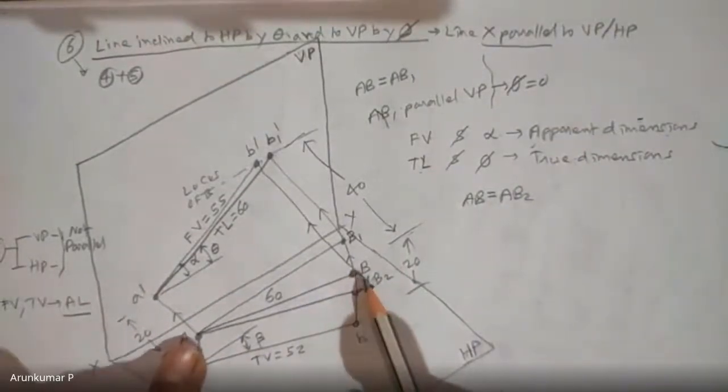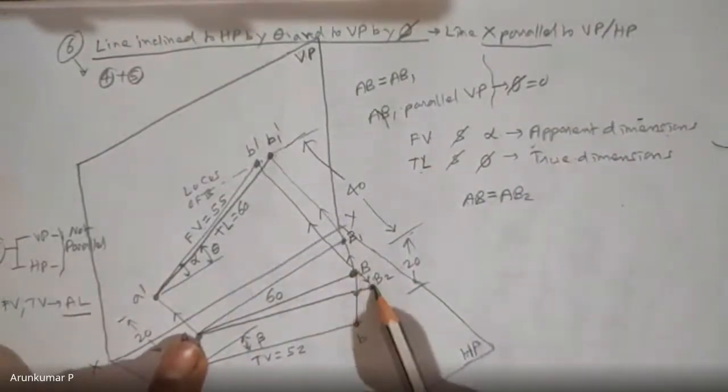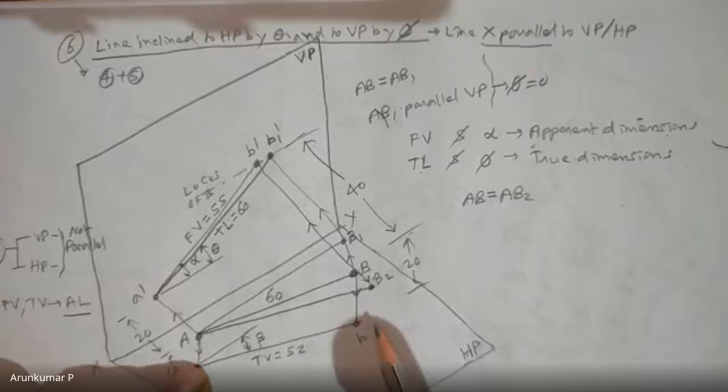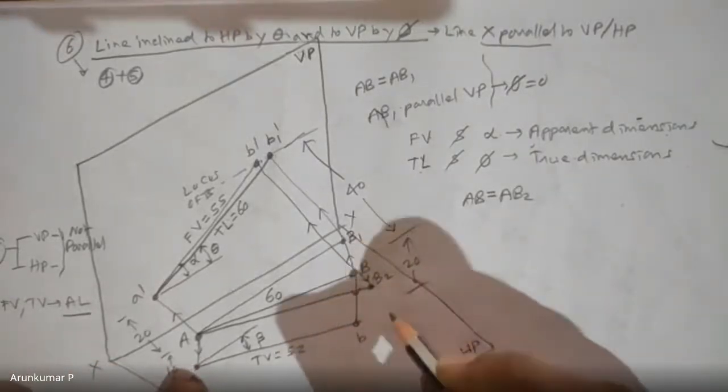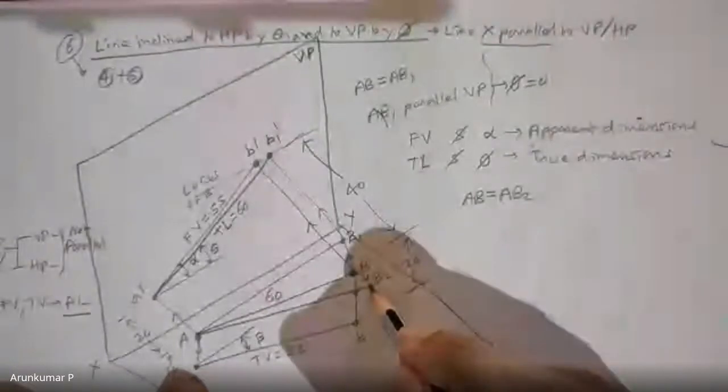All I've done is I have rotated AB to a new position AB2, wherein B2, this AB2 is parallel to HP. How do I say it is parallel? Just project B2 onto HP and we'll see. So I projected B2 onto HP. This is a new position which we call it as small B2.